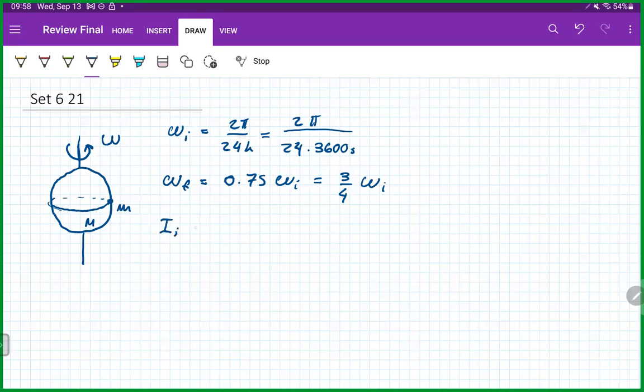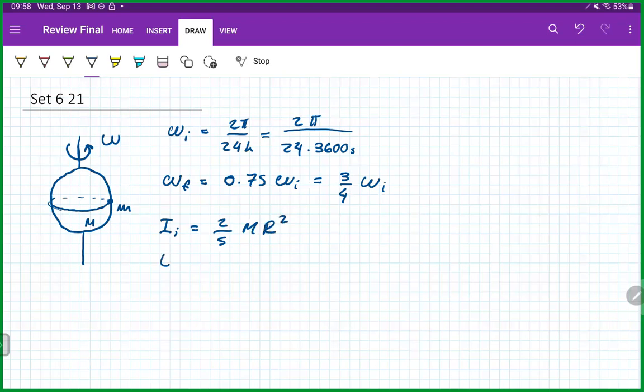So we have the initial moment of inertia, that of a sphere, which is 2/5. Let me check it just in case. Yeah, 2/5 m radius squared, right?